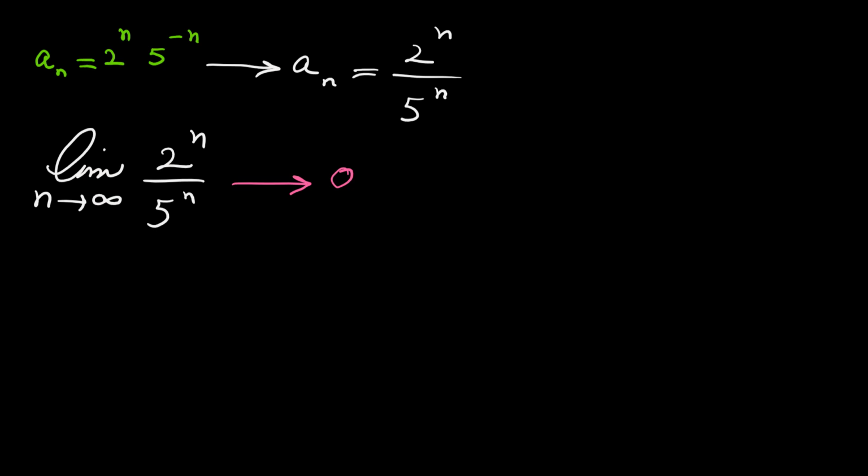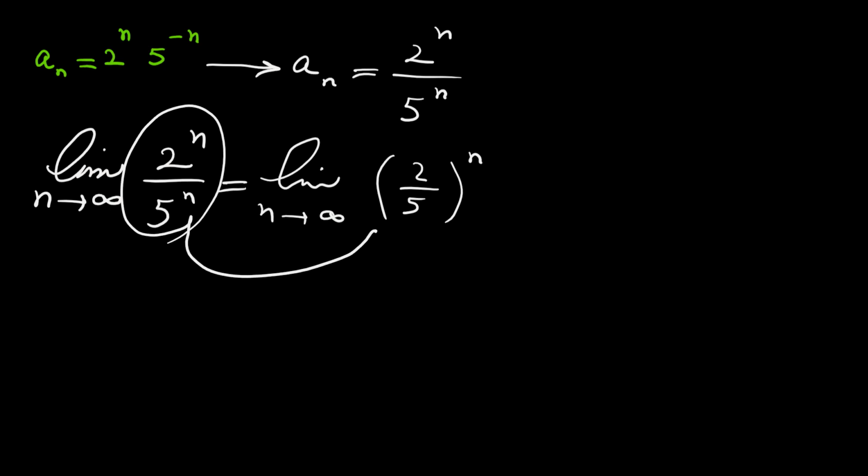But if we want to give a proof for this, we can do it this way. We can write this limit in the form of 2 over 5 to the n. We make the powers the same: 2 to the n over 5 to the n is the same as 2 over 5, all to the n. Now it is clear that this limit is 0.